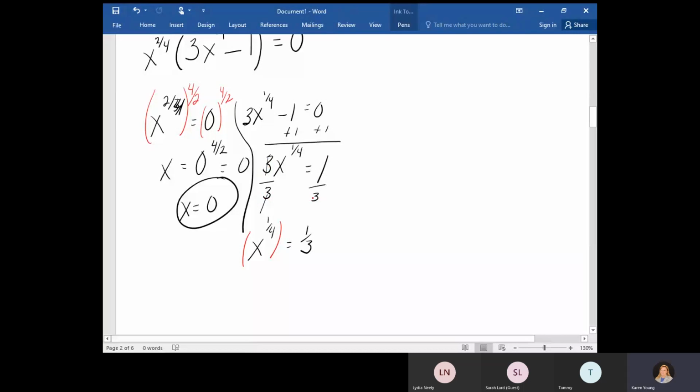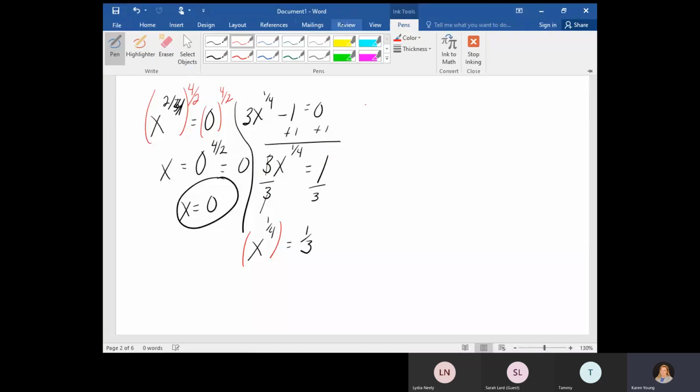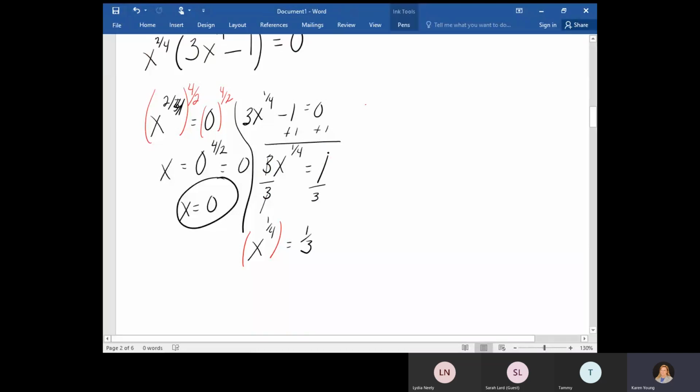Oh, so does that equal 1 right now? Yeah, because we added the 1 to both sides. Okay, gotcha. I'll have 1/3 here. All right.